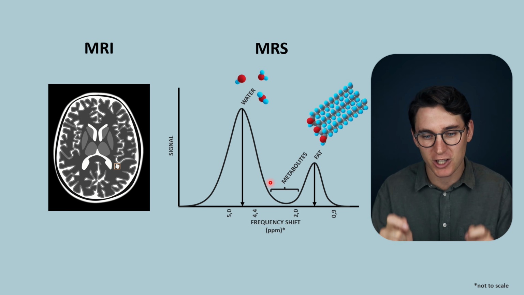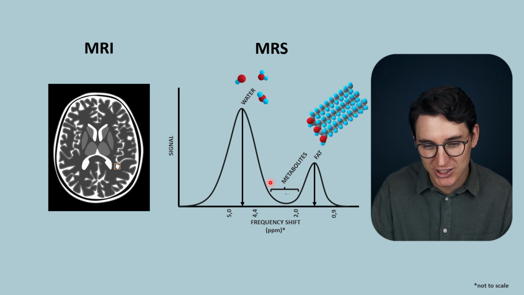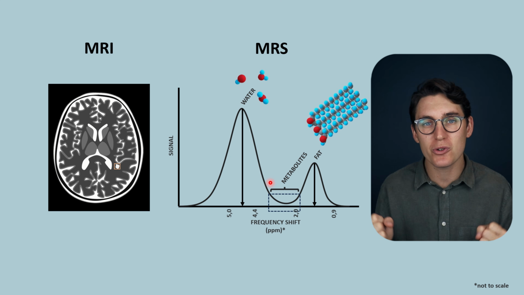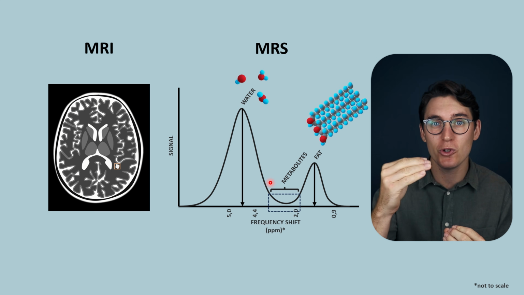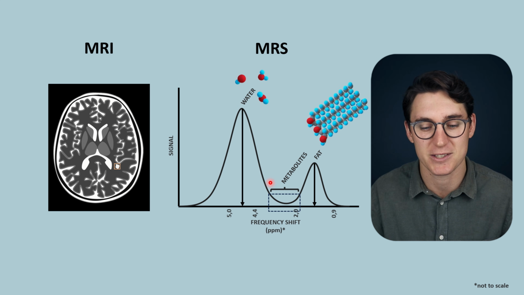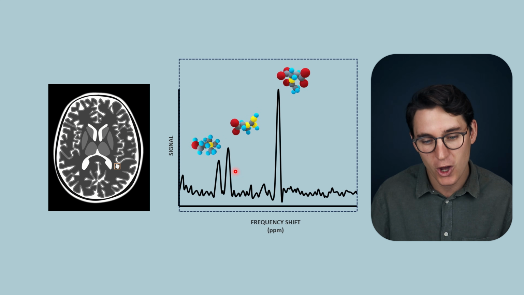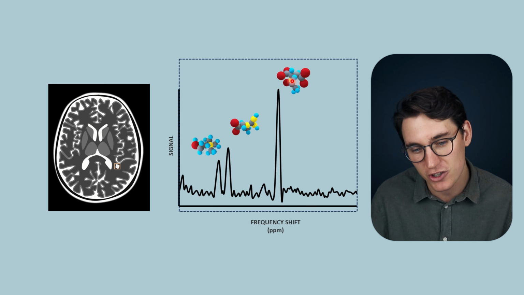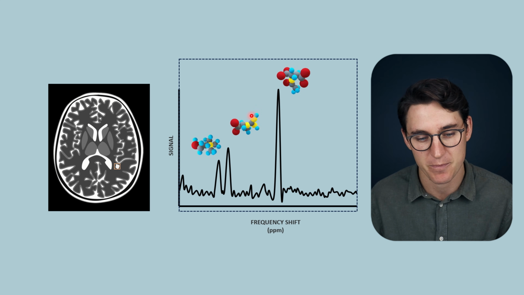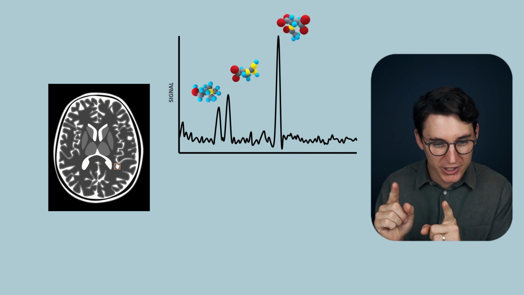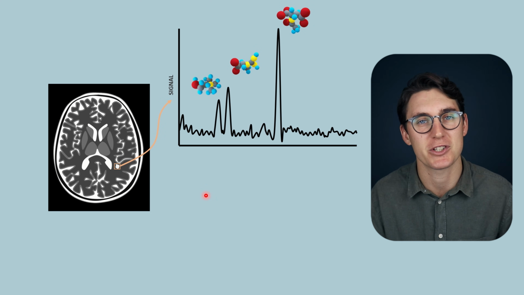If we suppress signal coming from water and fat, we can actually then get some information from these metabolites here, because we reduce some of that background noise and we can get usable signal coming from these metabolites. And if we zoom into the spectrum that's generated, we can see specific peaks corresponding to specific metabolites. And these peaks here, or this spectrum here, correspond to a specific location on our image.